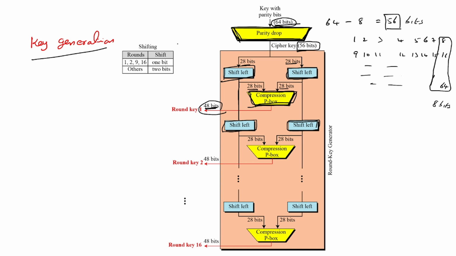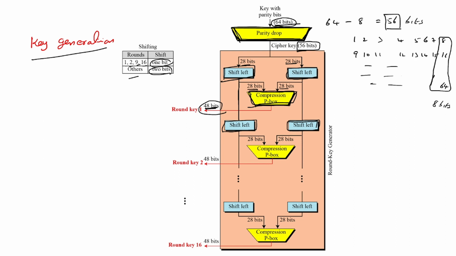For all the rounds, the number of bits shifted will be different. Rounds 1, 2, 9, and 16: the first round, second round, ninth round, and 16th round. For these 4 rounds, the number of bits to be shifted is 1 bit. For all other rounds, we need to shift 2 bits.